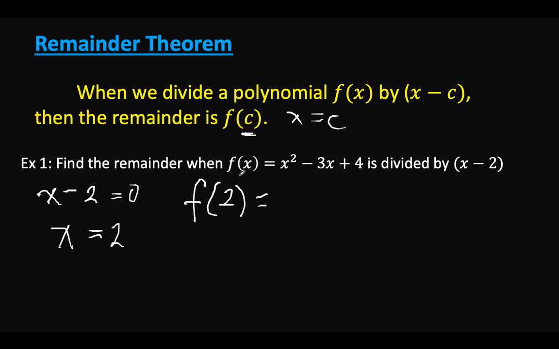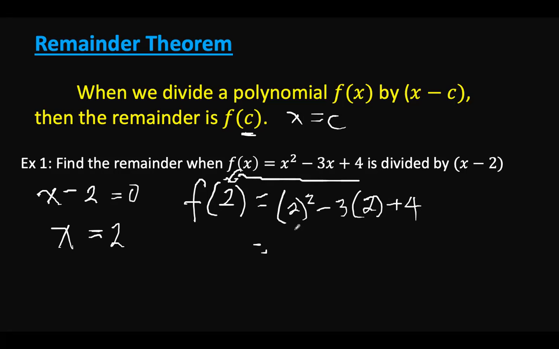And since alam natin na si f of x ay x squared minus 3x plus 4, lahat ng x, sinubstitutean natin ng 2. So, etong x squared magiging siyang 2 squared minus 3, since x to, magiging siyang 2. And then, copy the 4.